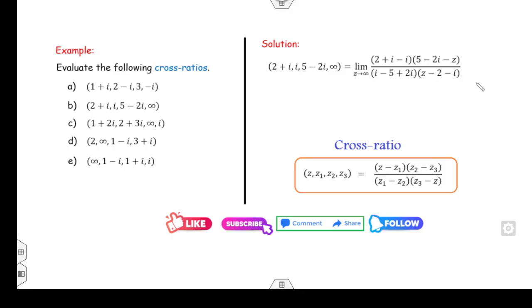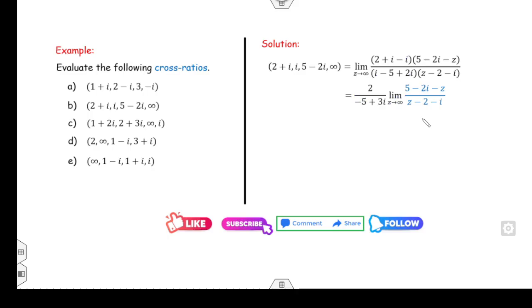Fine. Now how you can solve that? Again, this part is my 2 and this number is my minus 5 plus 3 iota into limit z approaches infinity of 5 minus 2 iota minus z divided by z minus 2 minus iota. Can you find the limit of this quantity? Now clearly say this number is my infinity by infinity form.